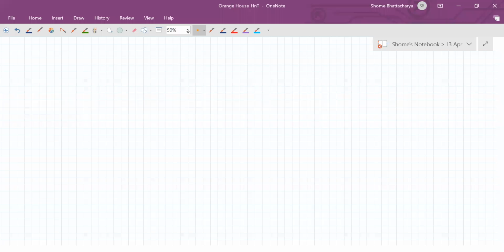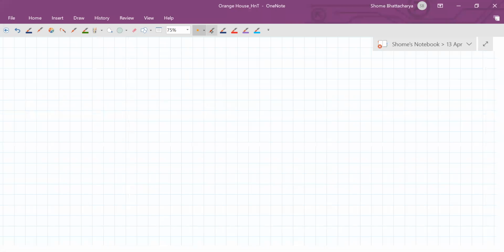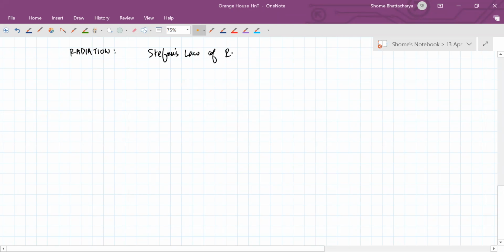Okay, so let us look at the terminology involved in radiation. The first principle to do with radiation is Stefan's law of radiation.